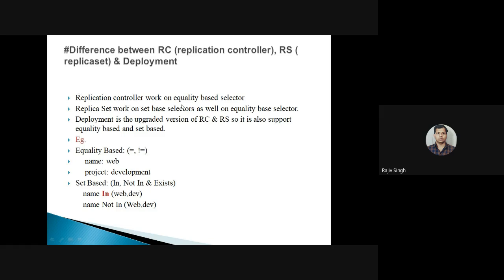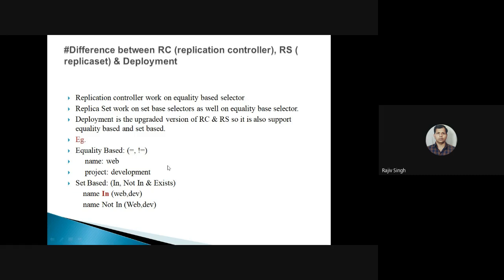Replication controller works on equality based selectors, labels and selectors. Equality based means if we are using the equal sign or not equal sign to select the label, that is known as equality based. The other one is set based labels. The keywords for set based are in, not in, exists.